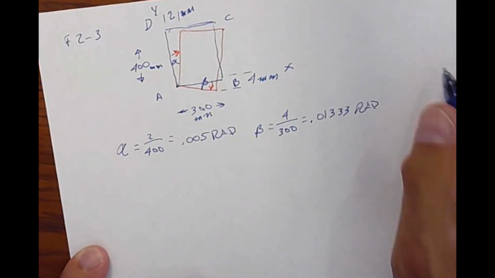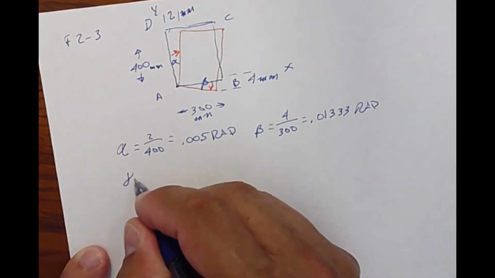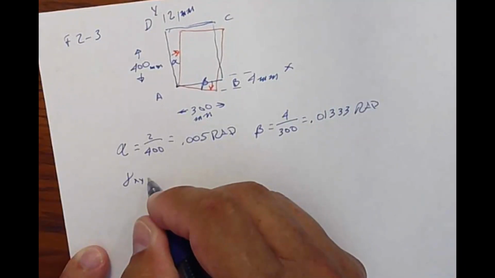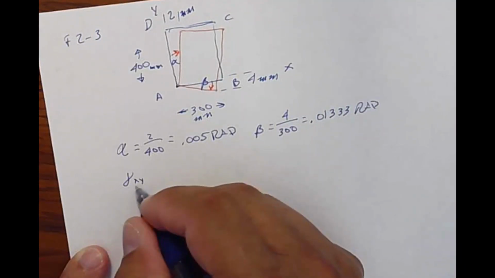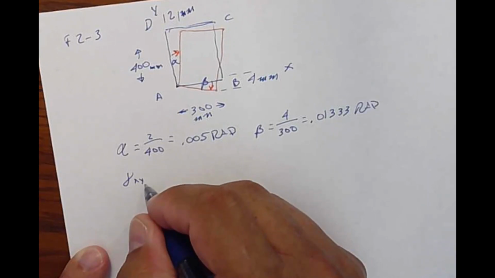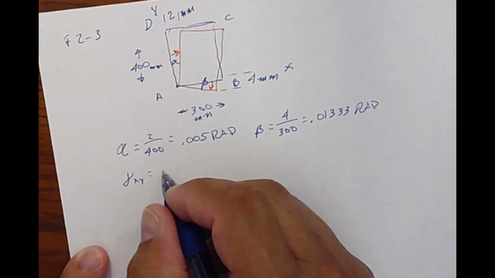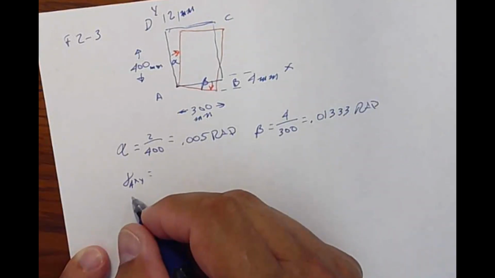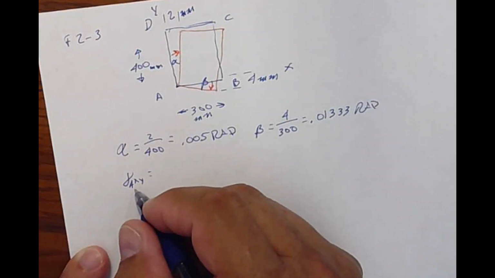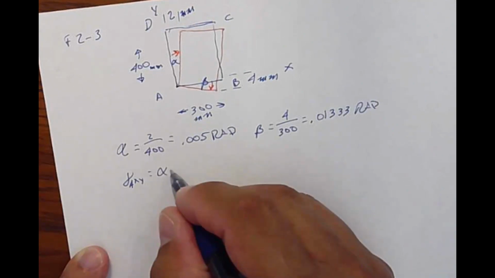Now, to find gamma at A, relative to xy, we have to say that it's going to be alpha minus beta.